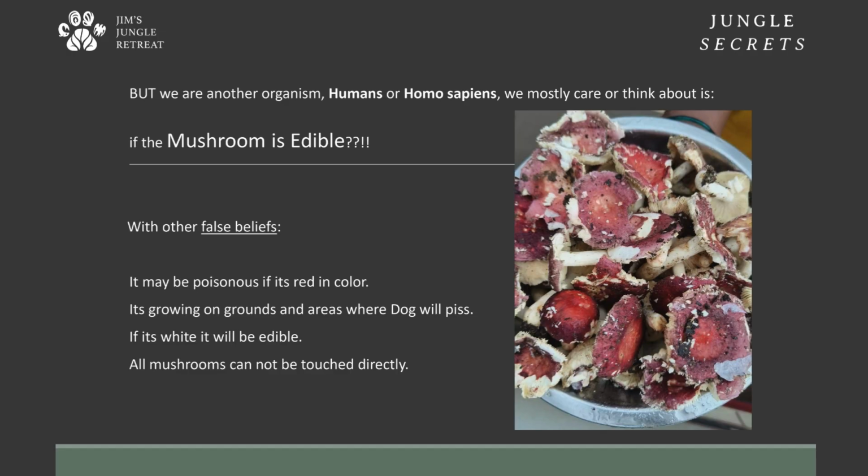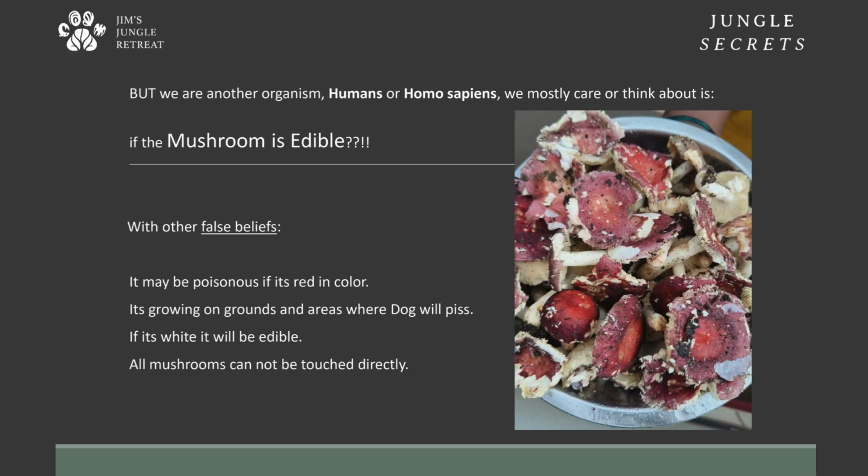By tamasic, it means they are inertia-causing organisms. This is not true. There are a lot of mushrooms, and I have met people in Himachal in my journeys who use mushrooms as medicine, as a mixture of medicines, when they mix and make something for specific causes.